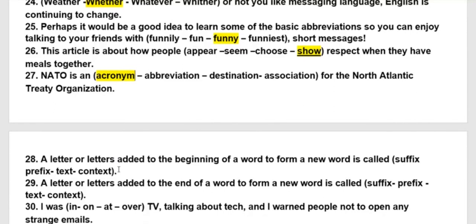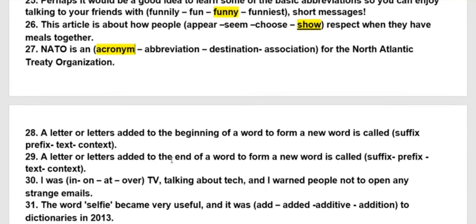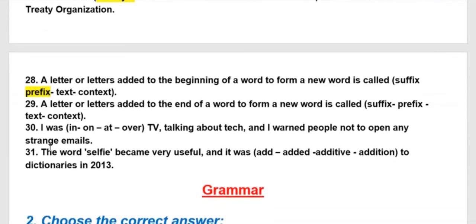A letter or letters added to the beginning of a word to form a new word is called, the beginning, you see here, prefix. A letter or letters added to the end, you see, prefix is the beginning, and the suffix, you see, is the end of the word. We call it, right, suffix.